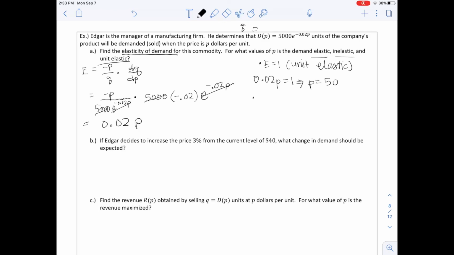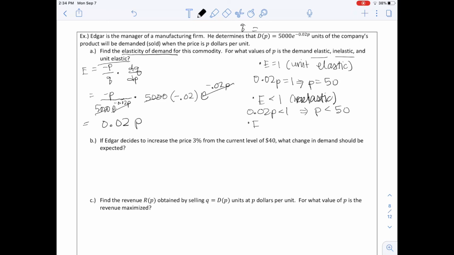The second one that we have is when it is inelastic. When it's inelastic, we have E less than 1. And so taking our function and solving 0.02p is less than 1, we arrive at our price being less than 50.